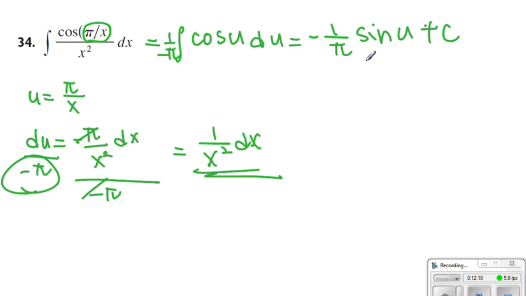But u here in this case is pi over x, so what we end up getting is negative 1 over pi times sine of pi over x plus c.